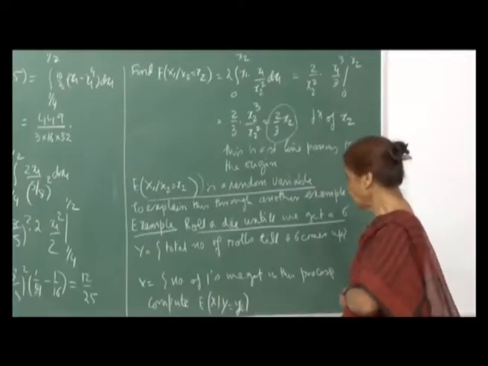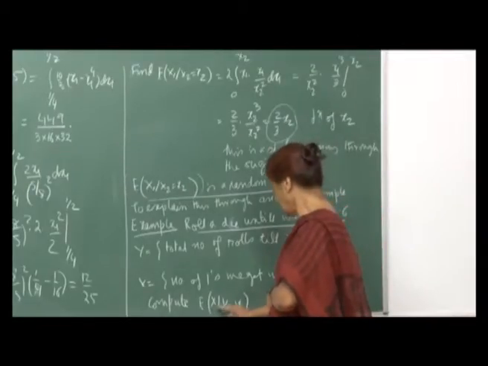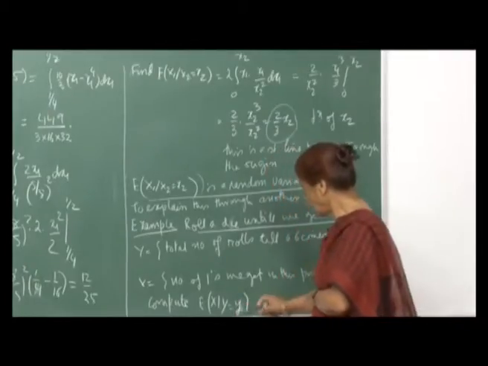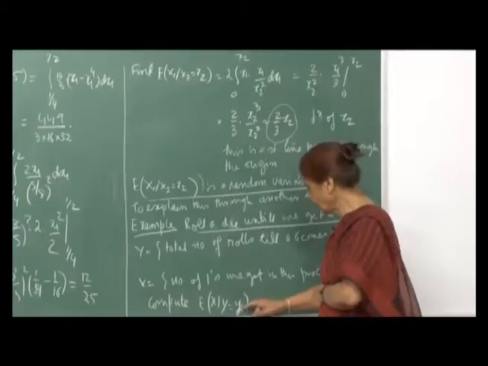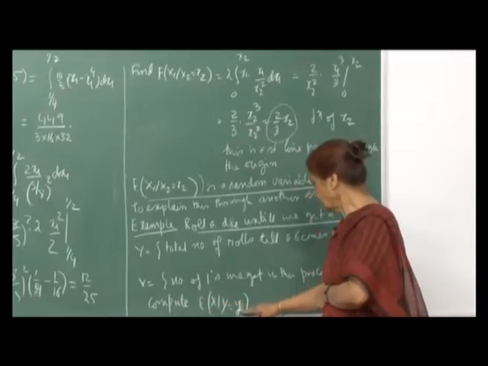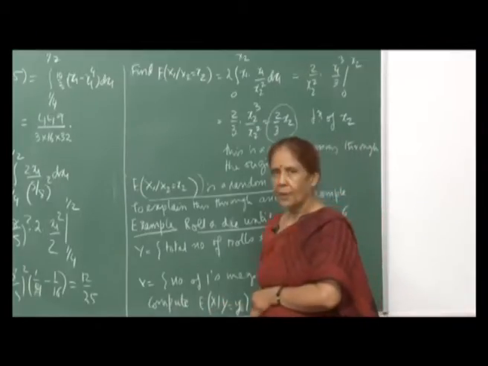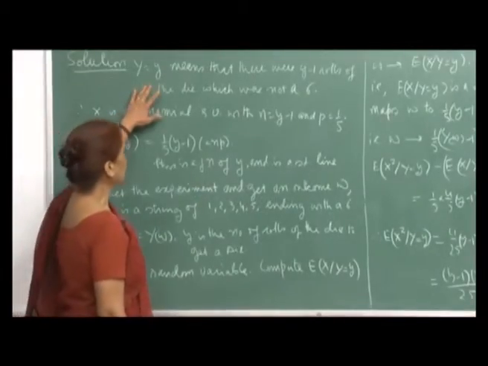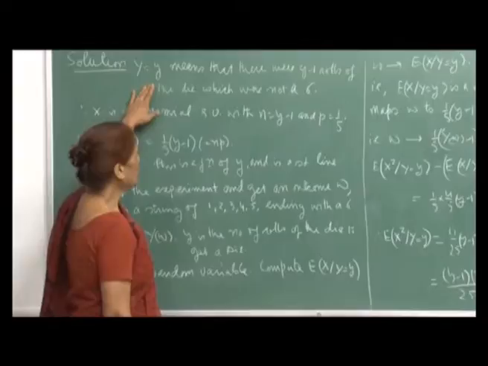Now, you are asked to compute the expectation of X given Y equal to y. That means the number of times you had to roll the die is small y, and you want to compute the expectation of X given that you had to roll the die y times. So, capital Y equal to small y means that there were y minus 1 rolls of the die which were not a 6, right.